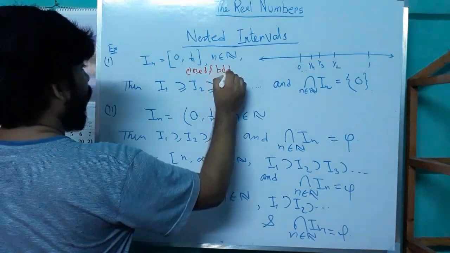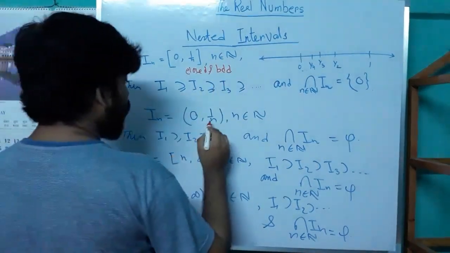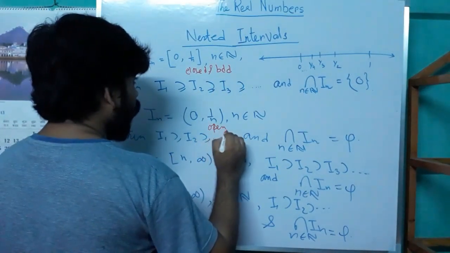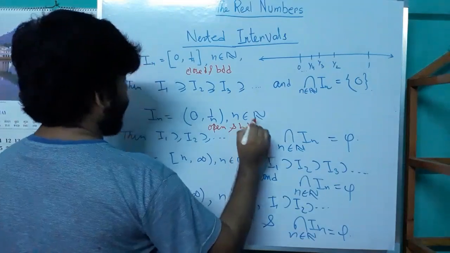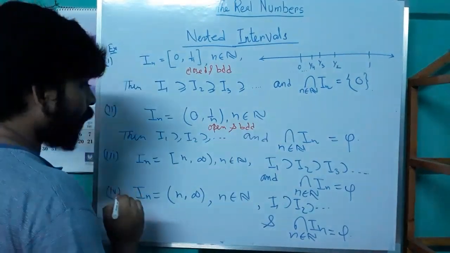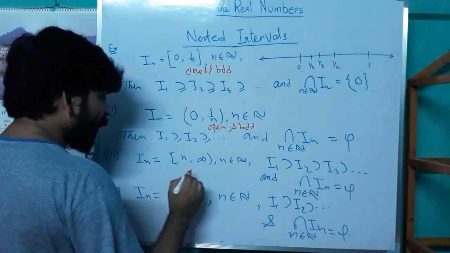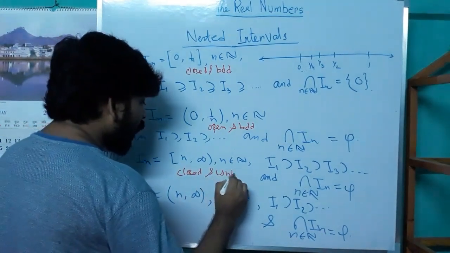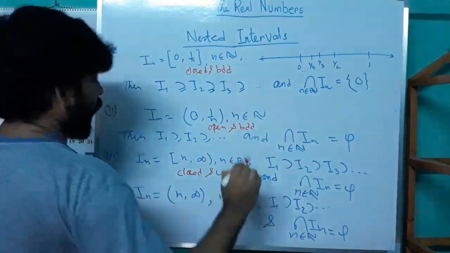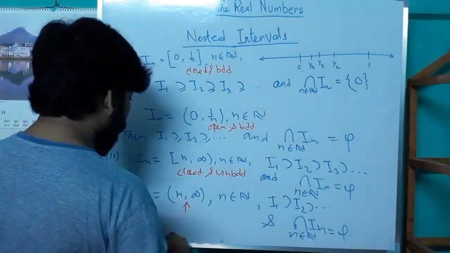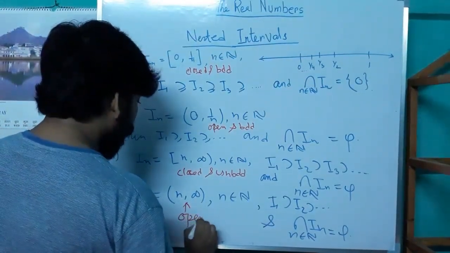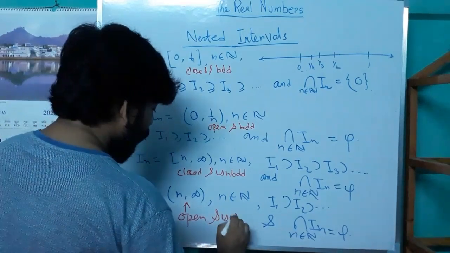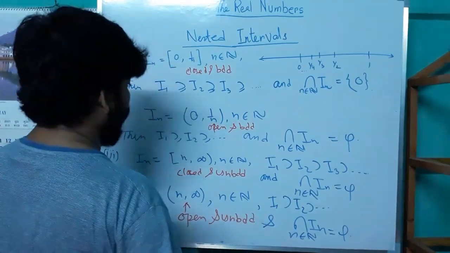Okay, so example 1 is the collection of closed and bounded nested intervals. In example 2, this is the collection of open and bounded nested intervals. In example 3, these are the closed and unbounded nested intervals, and this is the collection of all open and unbounded intervals.